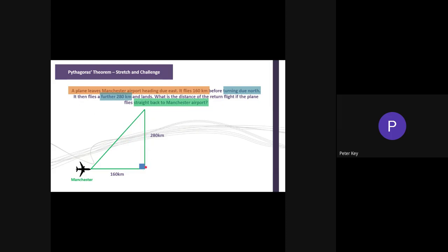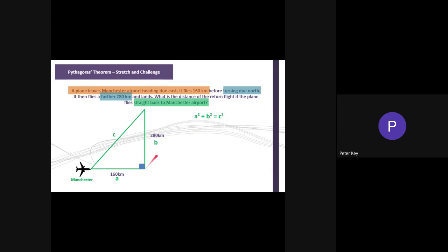Again, remember, opposite the angle is the hypotenuse. So we know this is the hypotenuse. And it's obviously the longest side, isn't it? So we've got a squared plus b squared equals c squared. So we've got a and b. It doesn't matter which way around we have these.